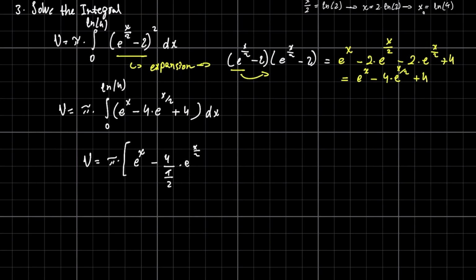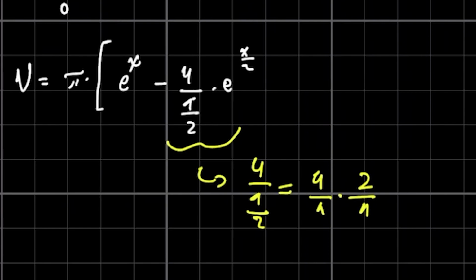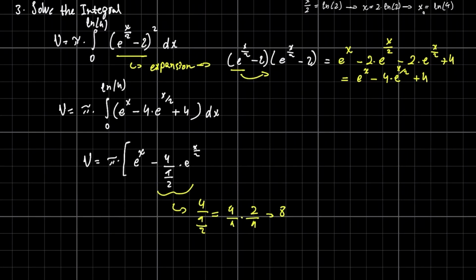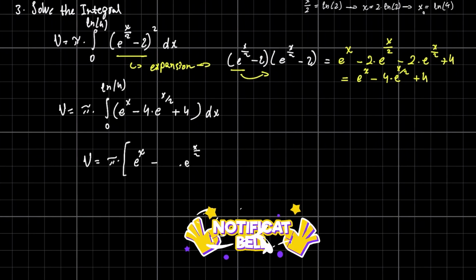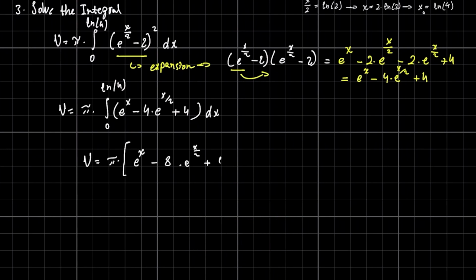And let's just simplify this term real quick right here. 4 over half is just basically equal to 4 over 1 times 2 over 1. That's going to give me an 8. So here I can just simplify this by writing 8 times e to the power of x over 2, and plus the integration of 4 is going to be 4x.